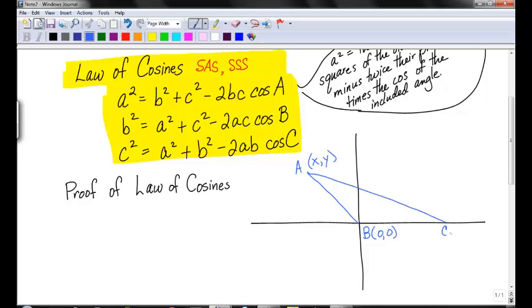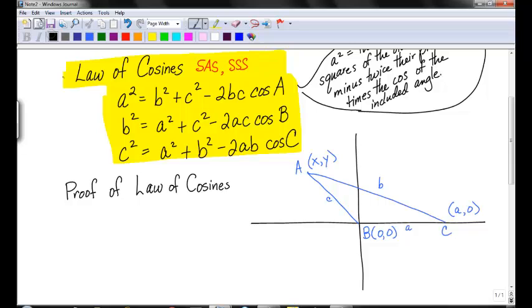Label this C, with the ordered pair a, 0. Since this is angle A, this would be side a. This would be side b for this triangle, and this would be side c.